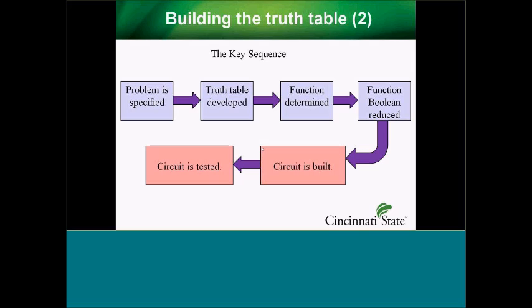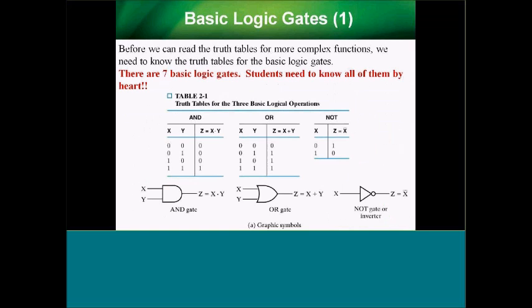That's pretty appropriate. So I always try to give them a sense of how this all fits together. This is the key sequence, and then I tell them that before you can actually fill out the truth tables, we have to study the logic gates. You have to know exactly what's going on because you have to make sense of the expressions that you're writing down from the truth table.